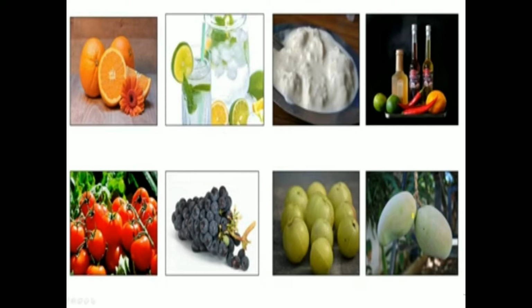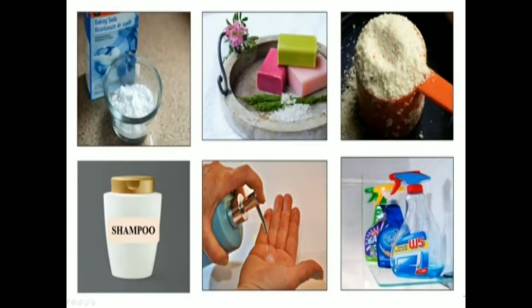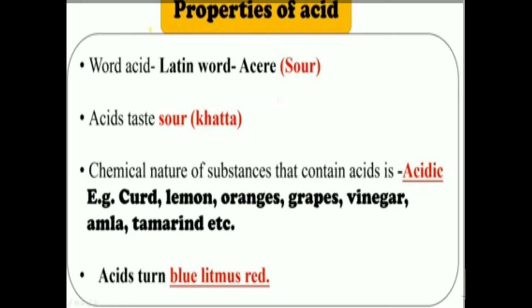Now we want to know what are acids and what are bases, and what are the characteristics of acids and bases. Let us see what are acids. Curd, lemon juice, orange juice, and vinegar taste sour.